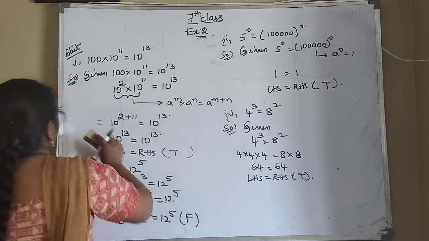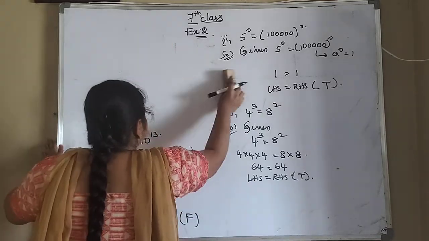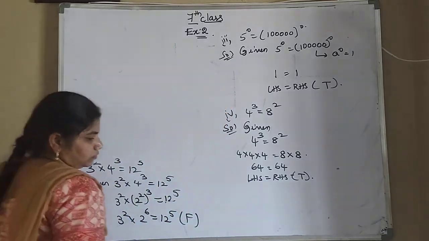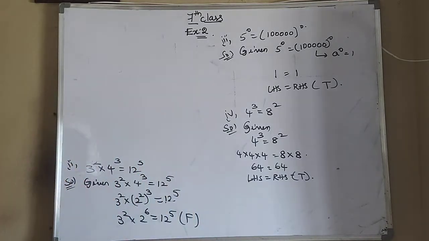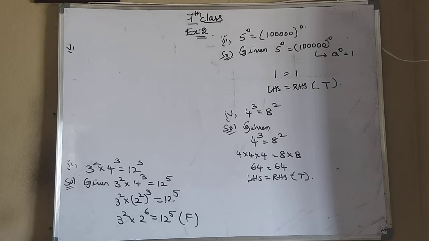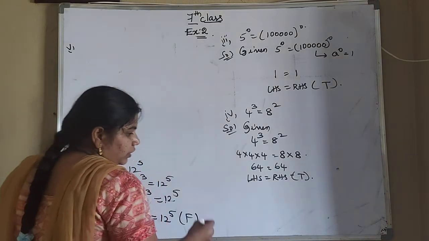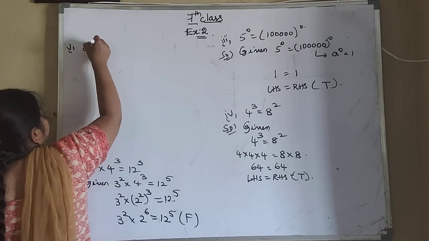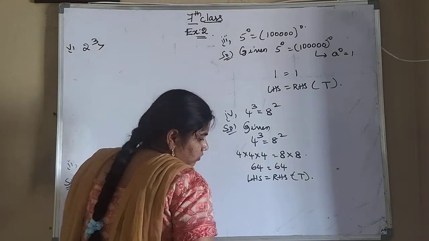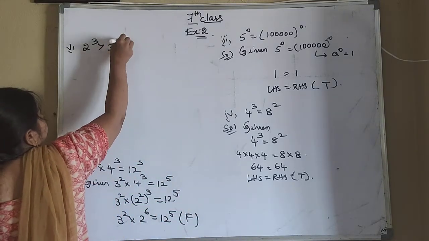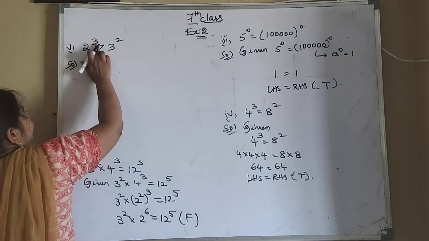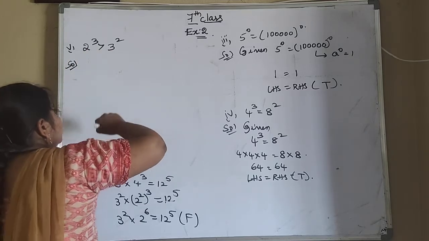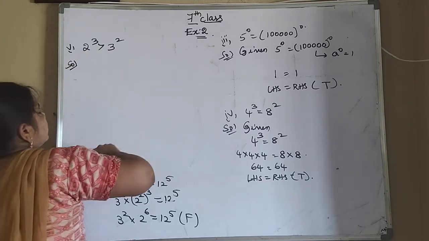Okay. Next, fifth one. 2 cube is greater than 3 square. So we have to prove that 2 cube is greater than 3 square here. So whether it is true or false we will see.